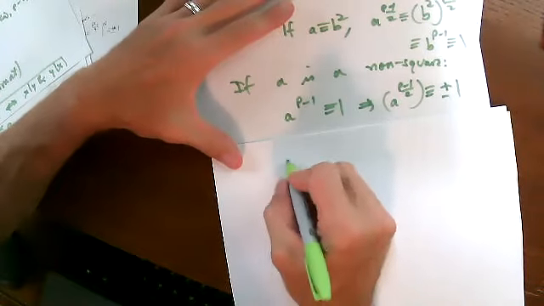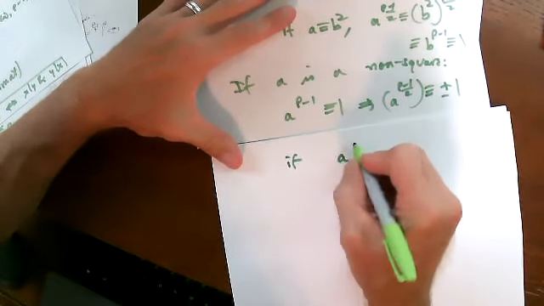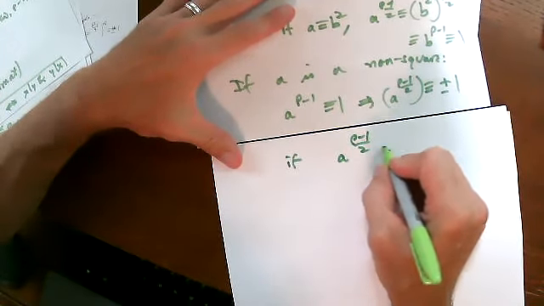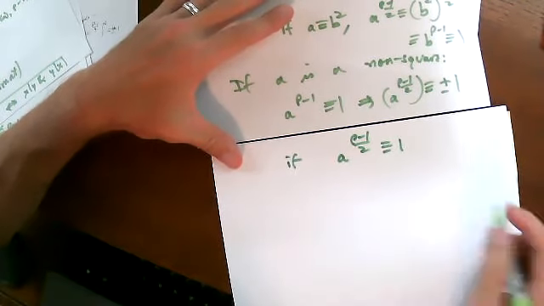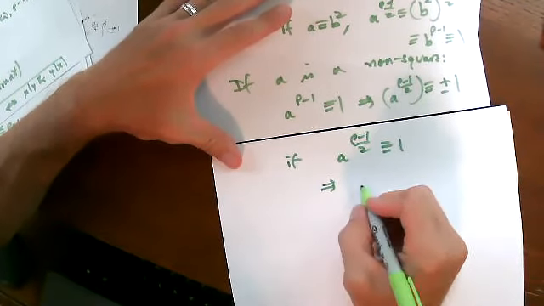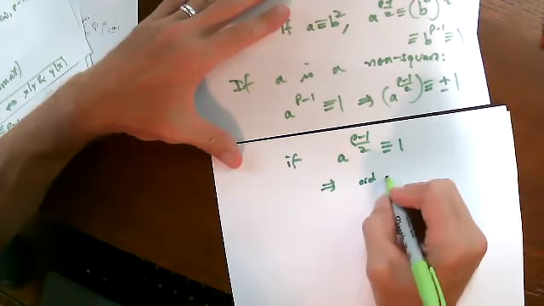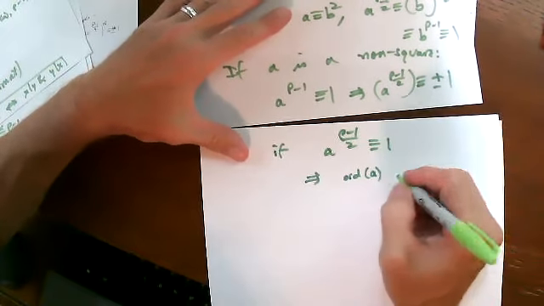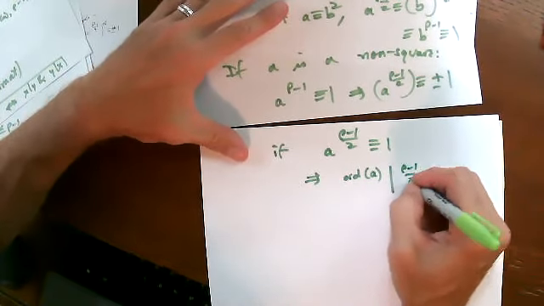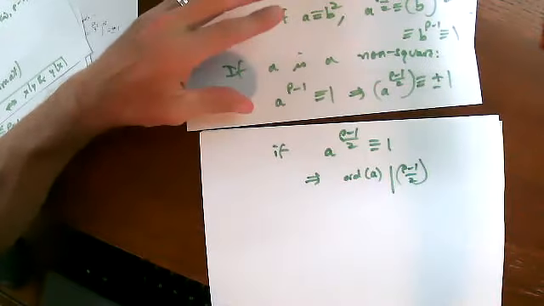Well, if I did have a to the (p-1)/2 power congruent to 1, then that would mean that the order of a modulo p would be a divisor of not just p-1, but (p-1)/2.